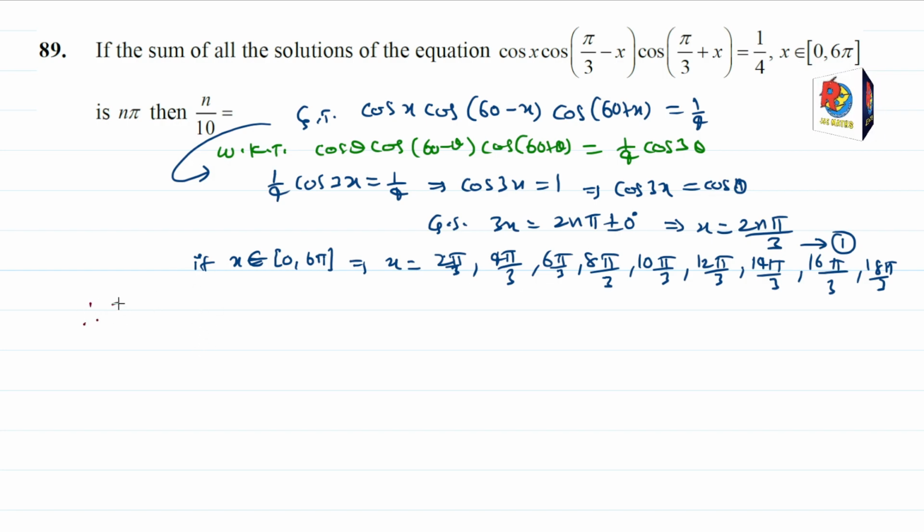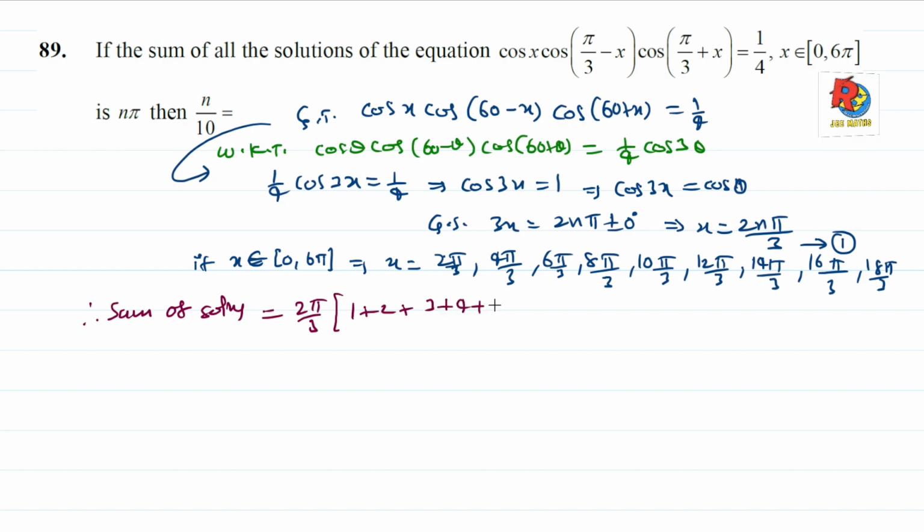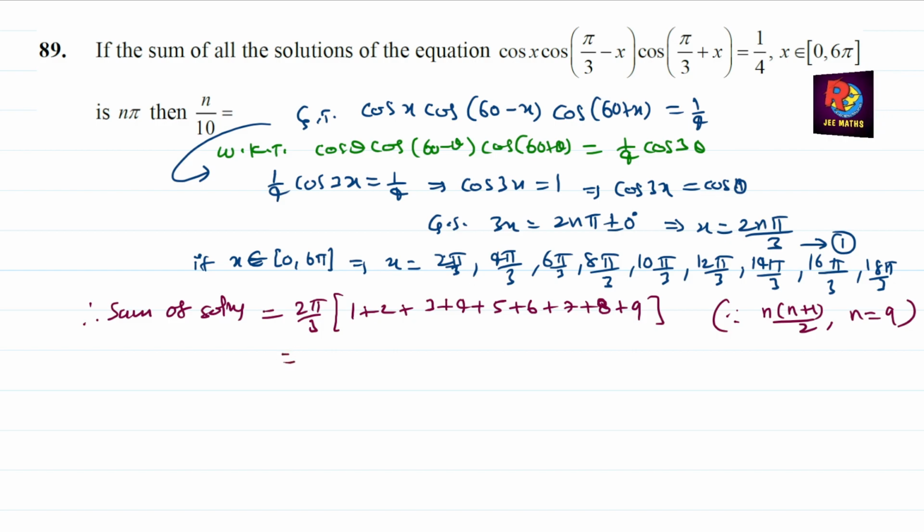So the sum of solutions, taking 2π by 3 common, equals 1 plus 2 plus 3 plus 4 plus 5 and so on, the sum of n natural numbers, n(n+1)/2, where n equals 9. Substituting 9, 2π by 3 into 9 into 10 by 2, that is 30π.